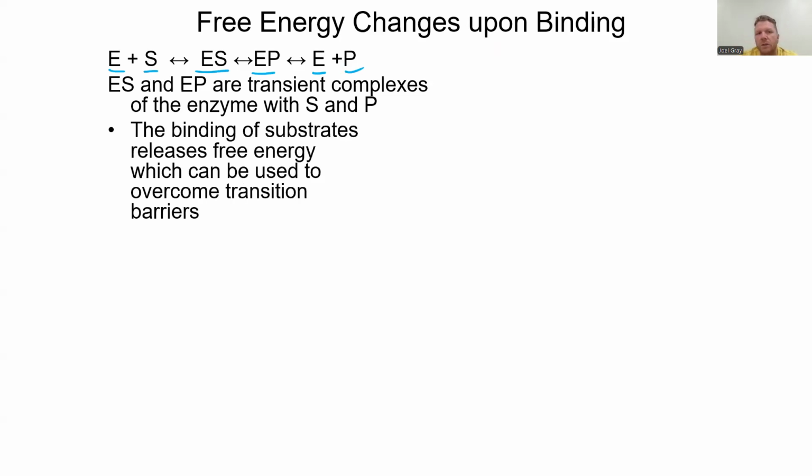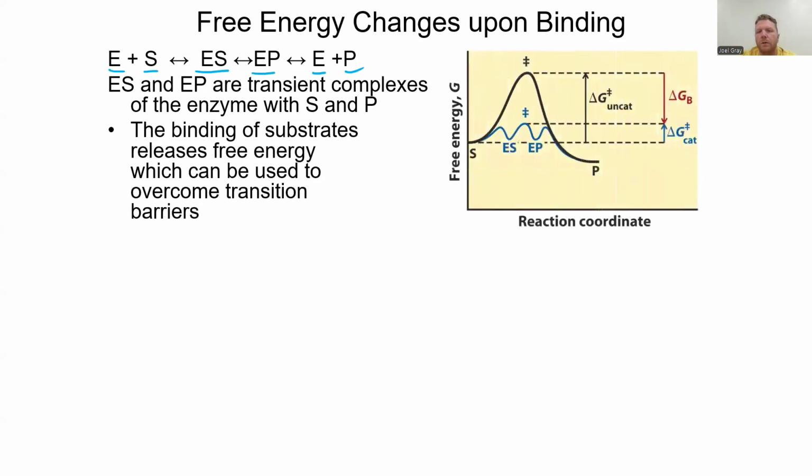The binding of substrates releases free energy, which can be used to overcome transition barriers. So here is one display of how that could work, where we have these lower free energy enzyme substrate and lower free energy enzyme product complexes.